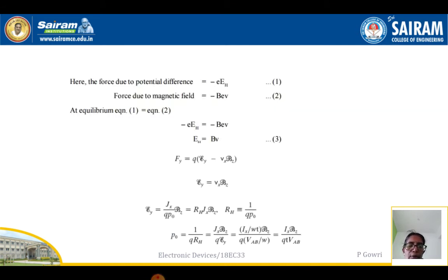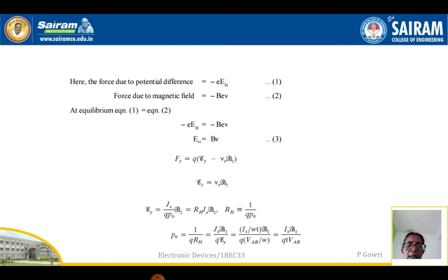Now we will derive what is meant by the Hall voltage. We assume that I have an applied electric field, and the force due to the potential difference is given as minus e into EH, where EH is the generated field.